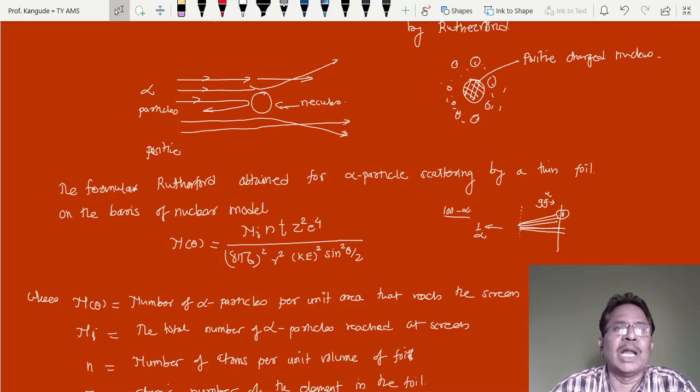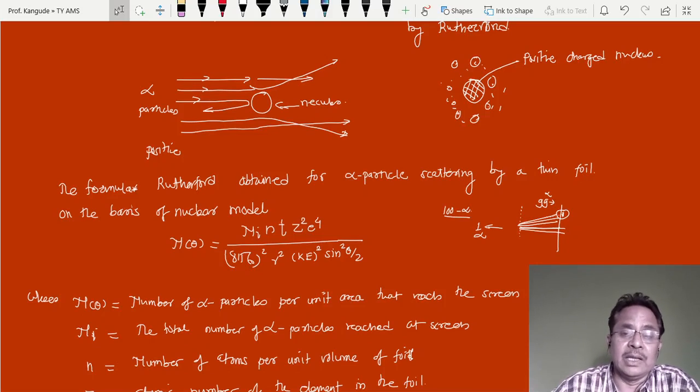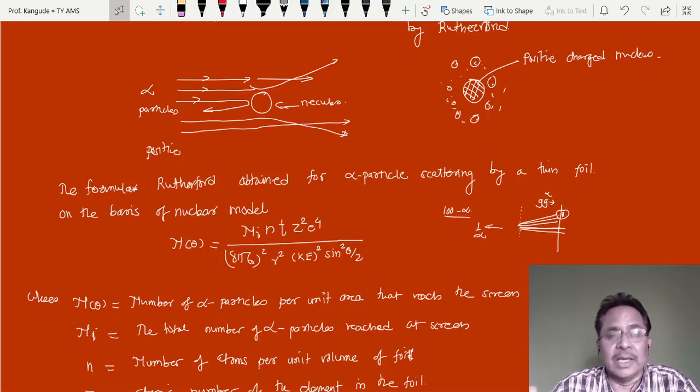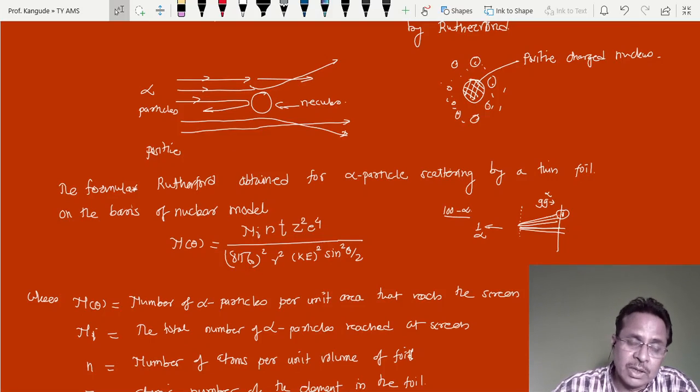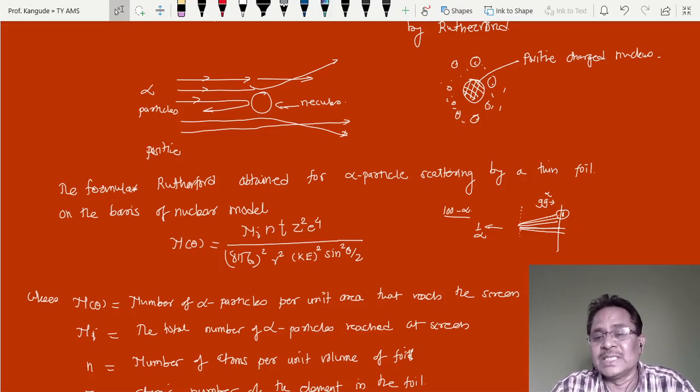How many alpha particles are observed there in 1 millimeter square at an angular distance of 3 degrees from this line of action, or from this x-axis? That is n theta. Ni is the total number of particles that reached the screen, and it can be calculated from how many are reflected back. If 100 are incident, 1 is reflected, 99 particles reach the screen.